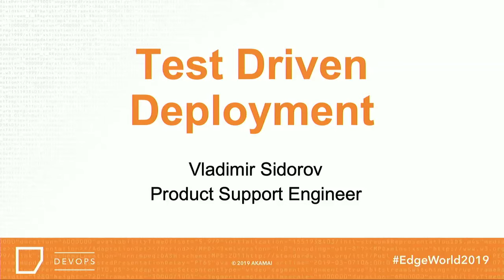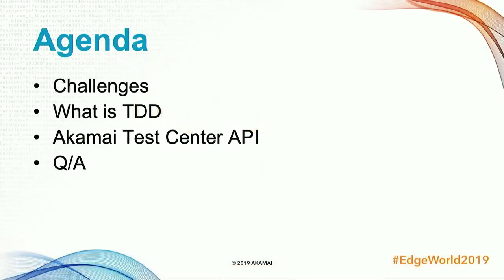Today we are going to see how we can leverage the same idea of test-driven development with the Akamai Test Center API for configuration change management, and how we can use this idea to minimize the number of service incidents attributed to bad testing or other causes.